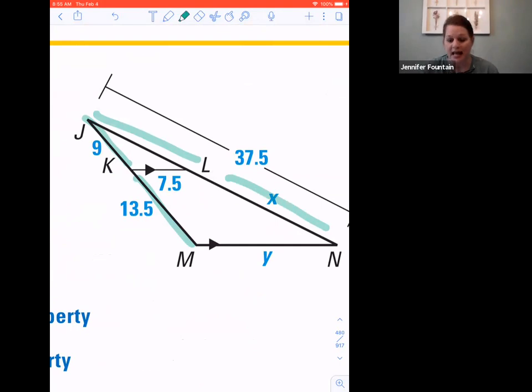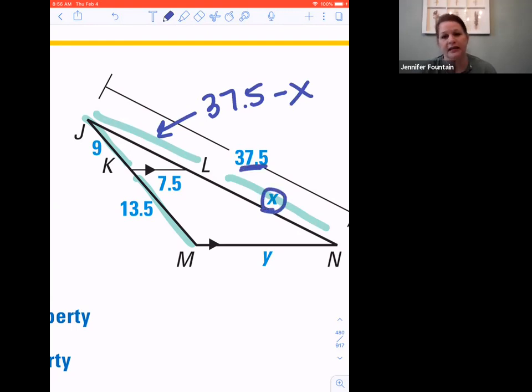Here they have marked LN as X. So JL is going to be 37.5 minus X, since my total length is 37.5.